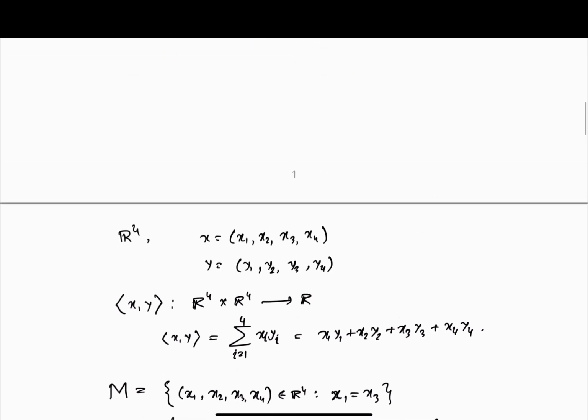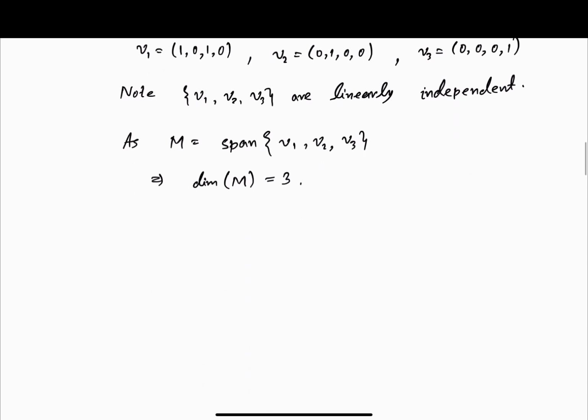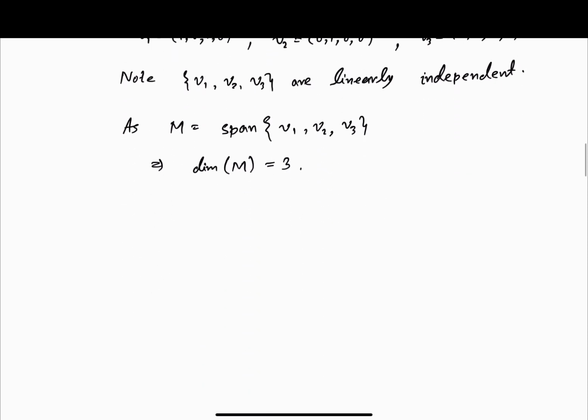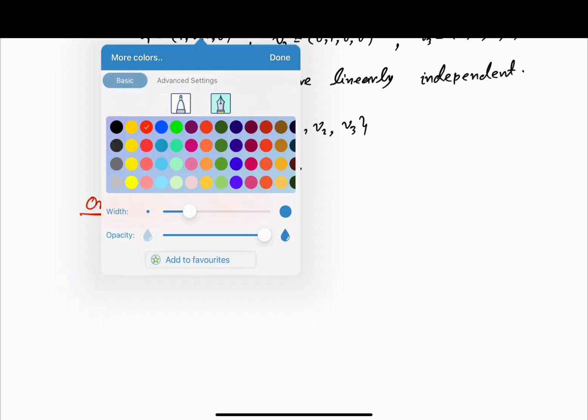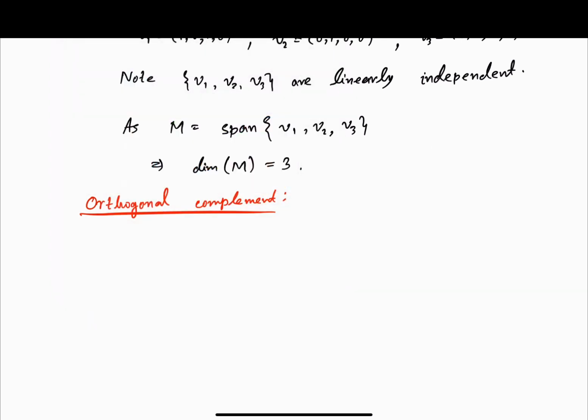We have to find the dimension of the orthogonal complement of it. So what is the orthogonal complement, and how is it defined? It is a concept on inner product spaces only.